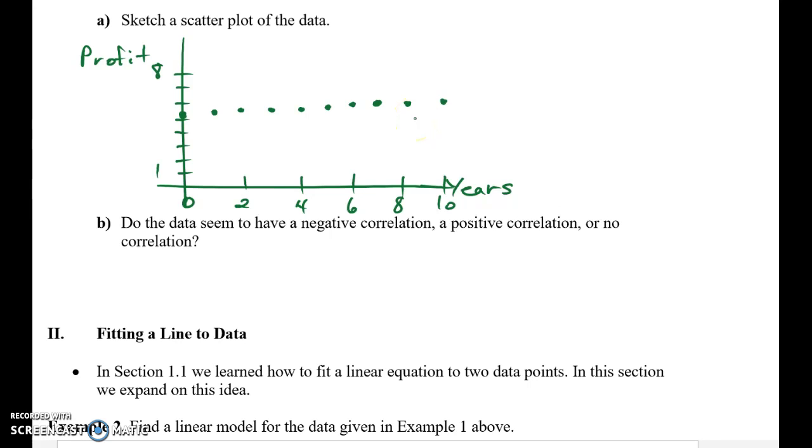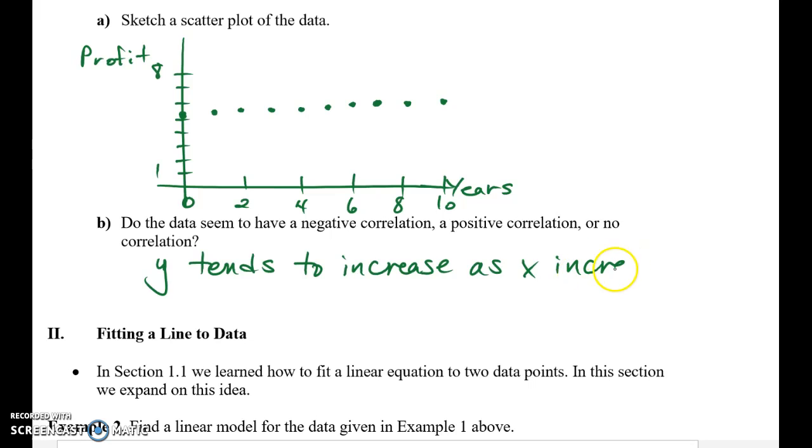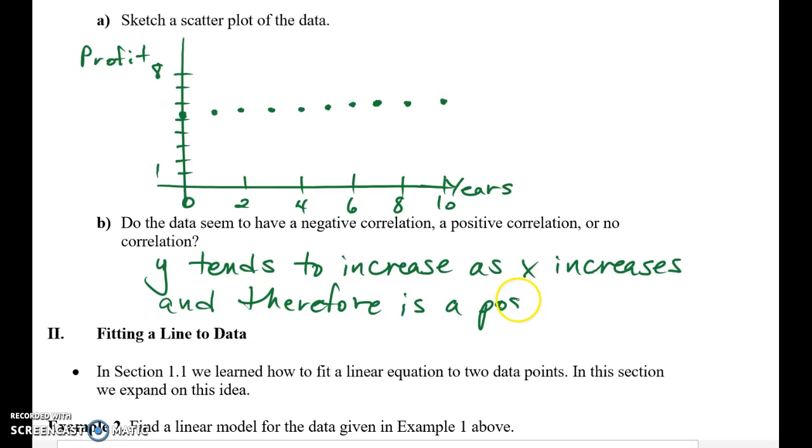We'll say that because y tends to increase as x increases, the data has a positive correlation.